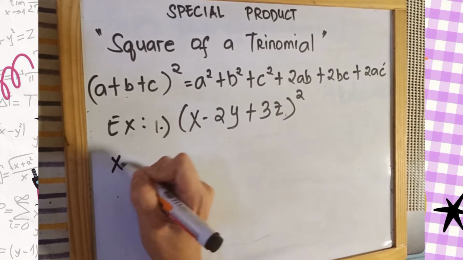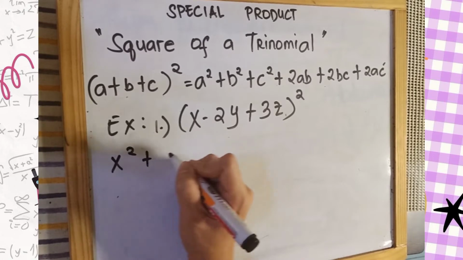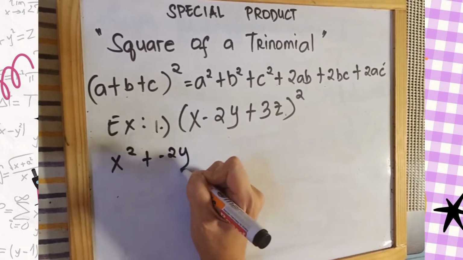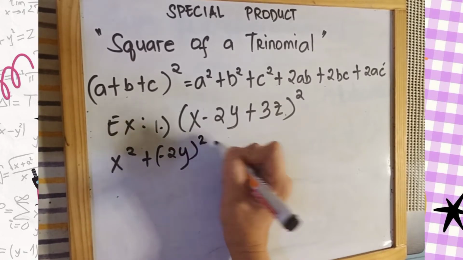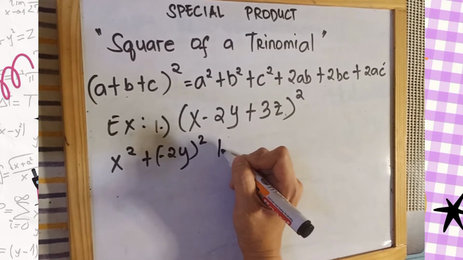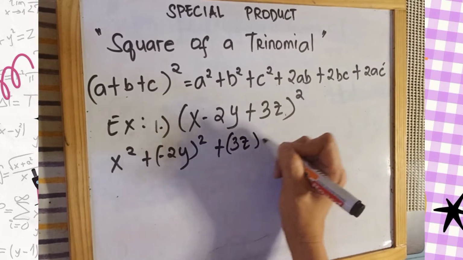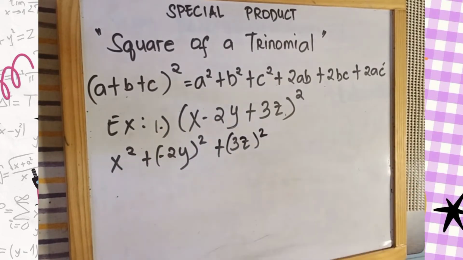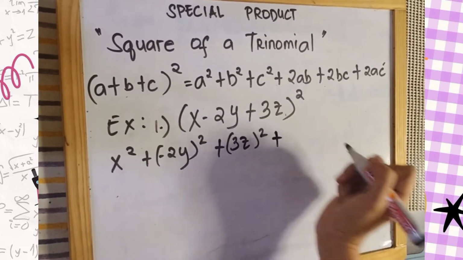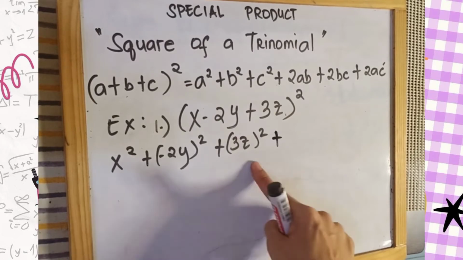So, x squared plus (negative 2y) squared plus (3z) squared, plus, okay, so naka-squared na lahat ng given term natin.